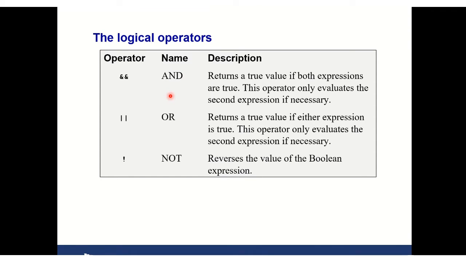There are examples of logical operators. What is meant by logical operators? Let's say we have two conditional operations. Let us say we have a number, the score of an exam.